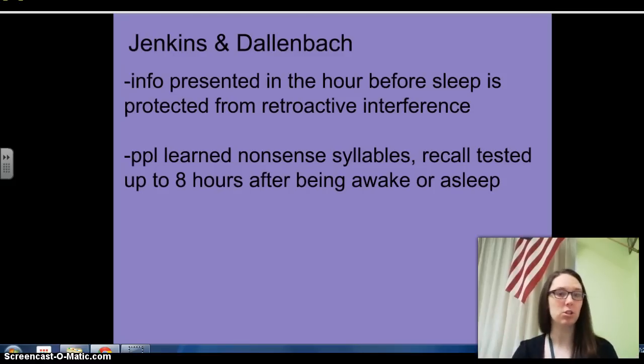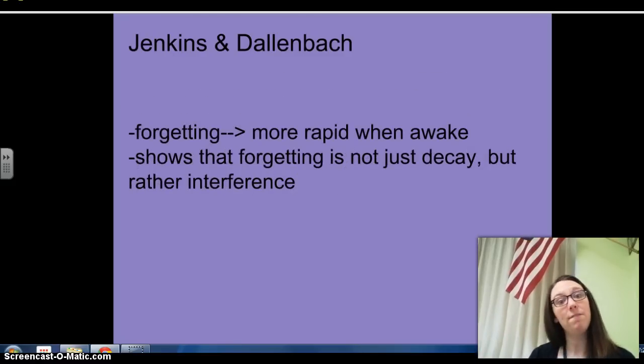So you have two different conditions going on here. And what they found was that the forgetting was way more rapid when awake as opposed to asleep, which is demonstrating that we don't just forget information because time has passed. If we just forgot information because time has passed, people would forget the same amount whether they were in the awake trial or the asleep trial.